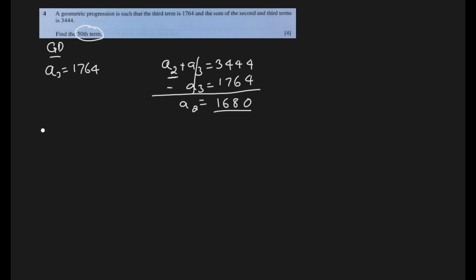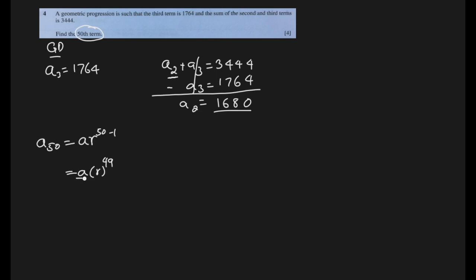Okay. So in a GP, the 50th term, A50, will be first term and then common ratio to the power 50 minus 1. This is how it will be. A times R to the power 49.